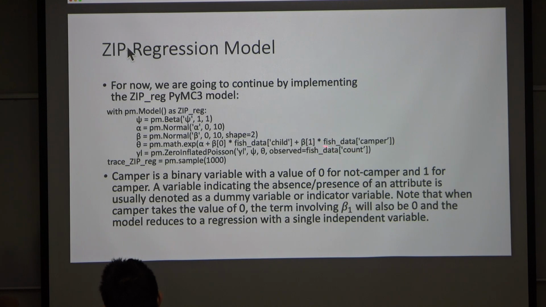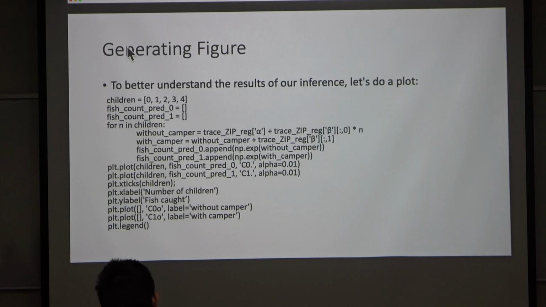This count is the number of fish they caught for each group, and then we generate 1,000 samples. That's it. Then we use the following code to generate the figure. I will not go into detail here.